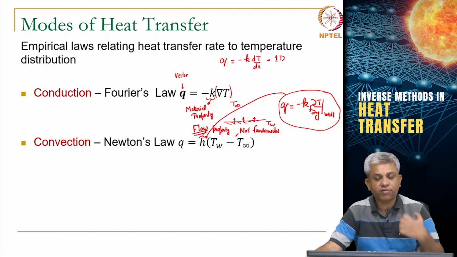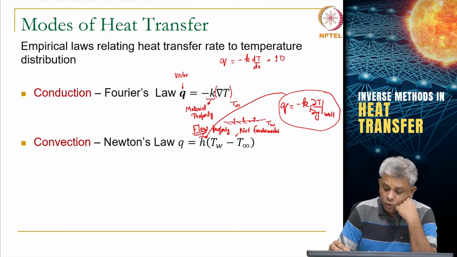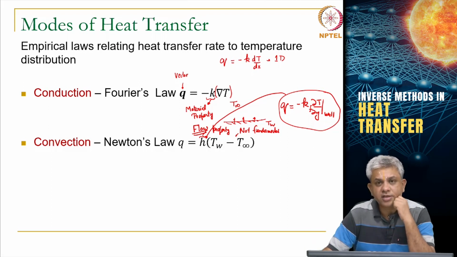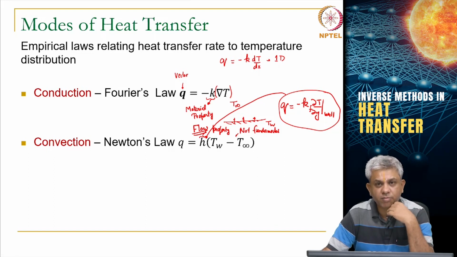So, all the values of h that you see within textbooks are actually calculated knowing this Q equal to minus K ∂T/∂y at the wall. So, you actually have to solve for the temperature of the fluid and then find out ∂T/∂y, the gradient of the temperature at the solid or at the wall, and that is really how you calculate h.